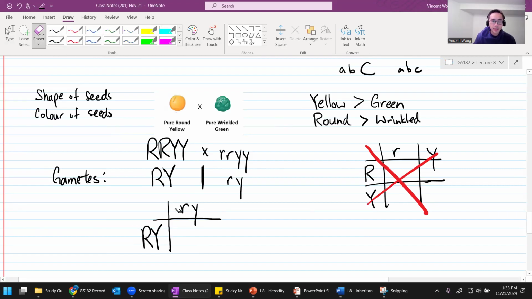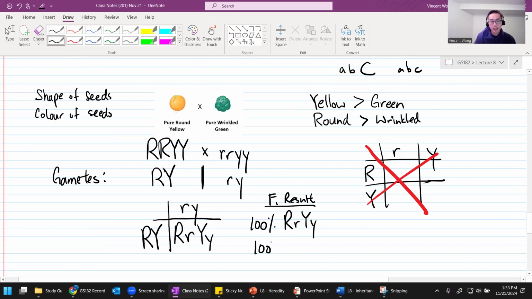So if this gamete and this gamete come together, then it's going to be big R, small r, big Y, small y. So 100% of all the F1 offspring will be big R, small r, big Y, small y. And they would all be round and yellow.